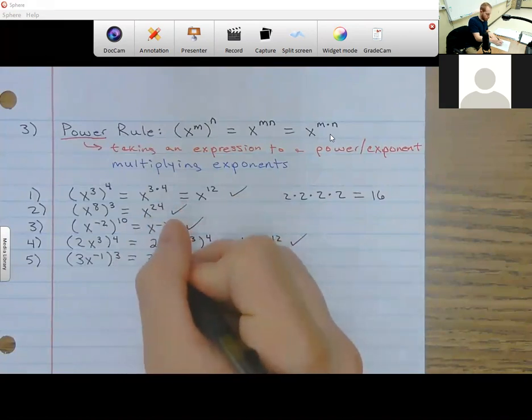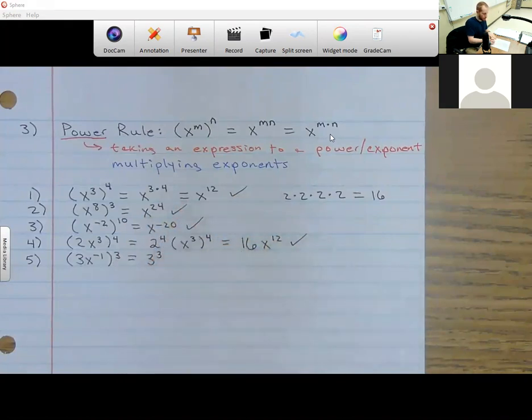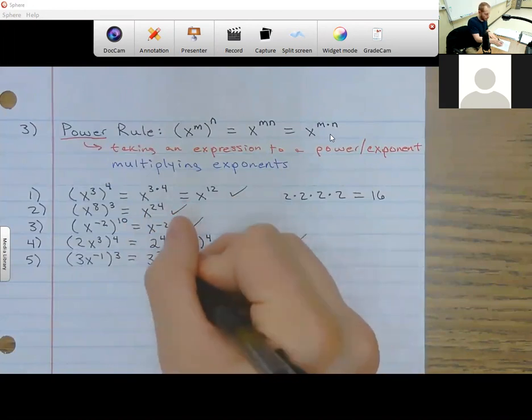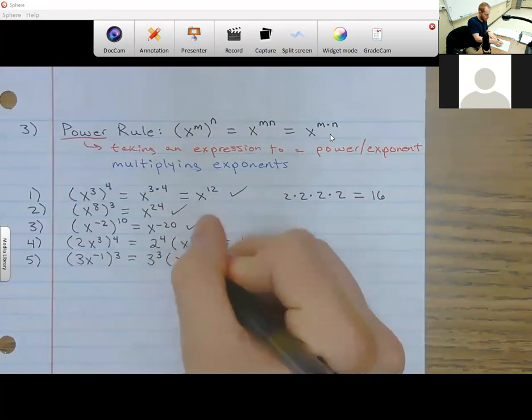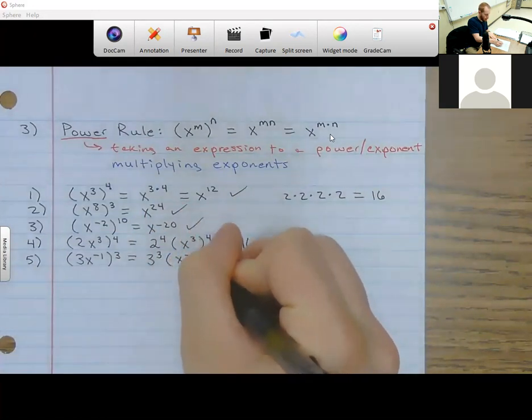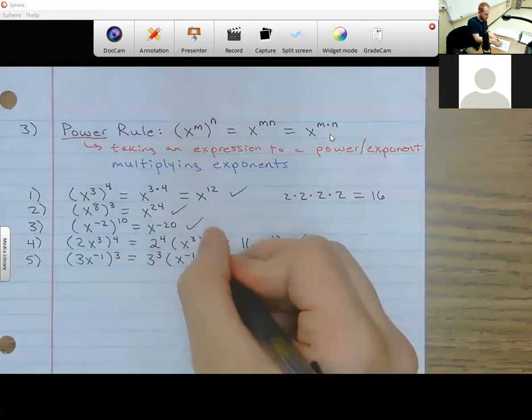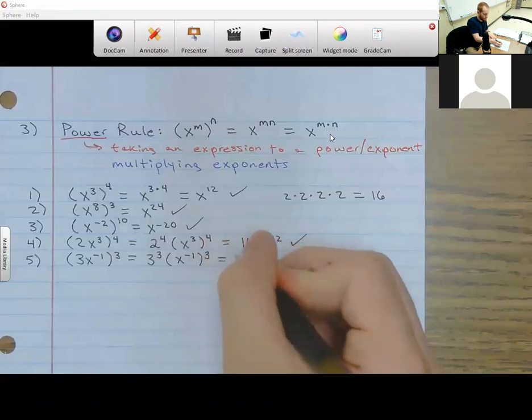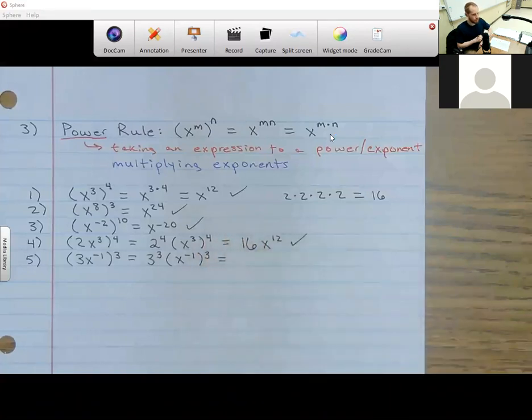So 3 to the 3rd power. We're going to be doing that next. And then the variable, that can be inside of its parentheses. It could stay there. x to the negative 1 power, and we're cubing it, right? So that's what we're going to be doing next. We're going to be figuring out what 3 cubed is, and then we're going to be multiplying the exponents together.